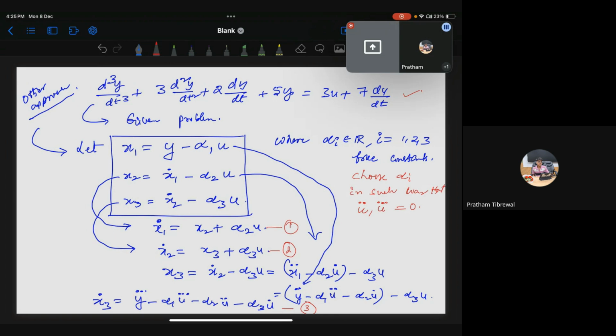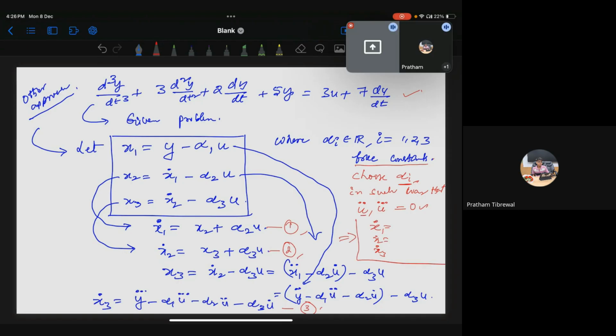So then write down these equations when my u double dot and u triple dot are equal to 0. So you choose your alphas, any value, because I said that they are free constants. After writing these three equations, you choose your alphas in such a way that u double dot and u triple dot go to 0.